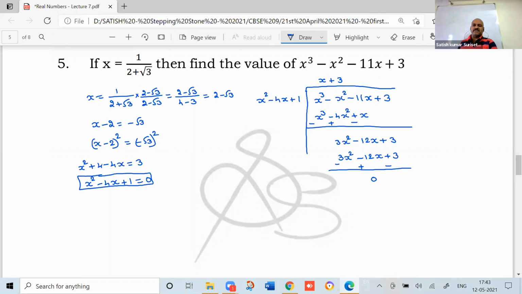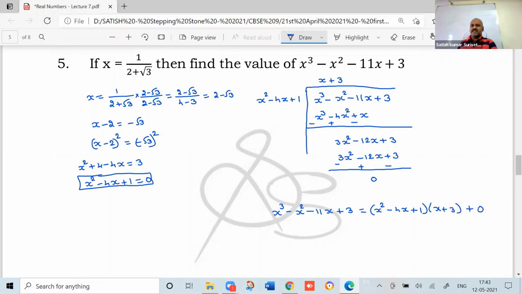You will get 0. That means this expression now you can write as x cube minus x square minus 11x plus 3. That is dividend equal to divisor, x square minus 4x plus 1, into quotient x plus 3, and remainder is what? 0.